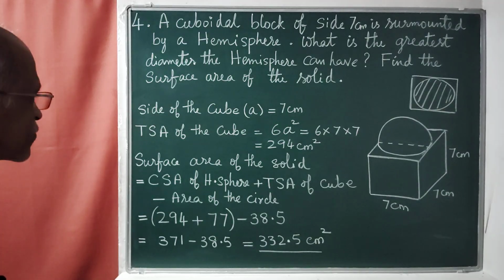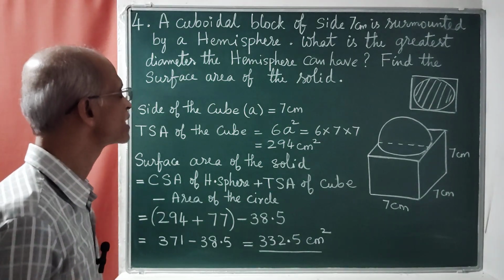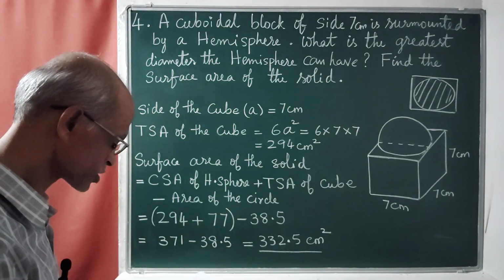So the surface area of the solid is 332.5 centimeters square.